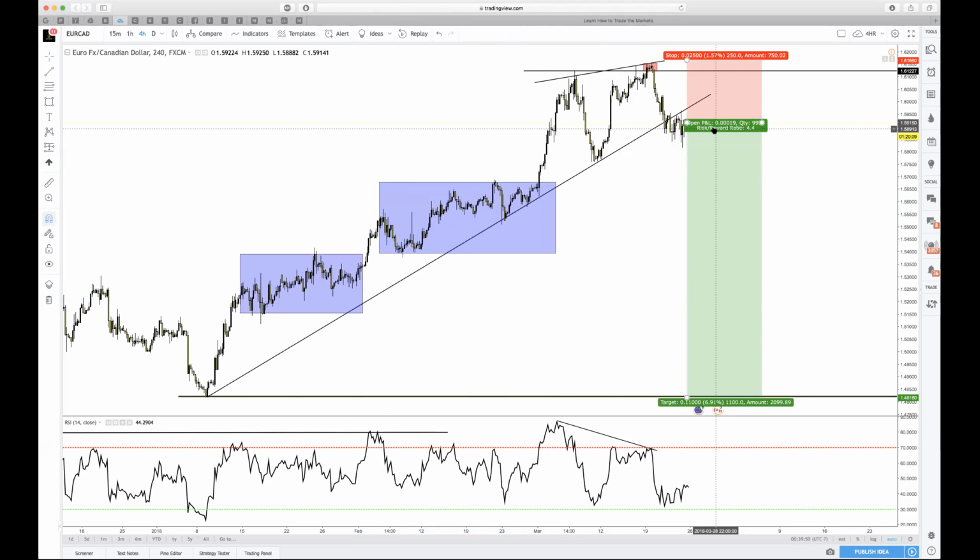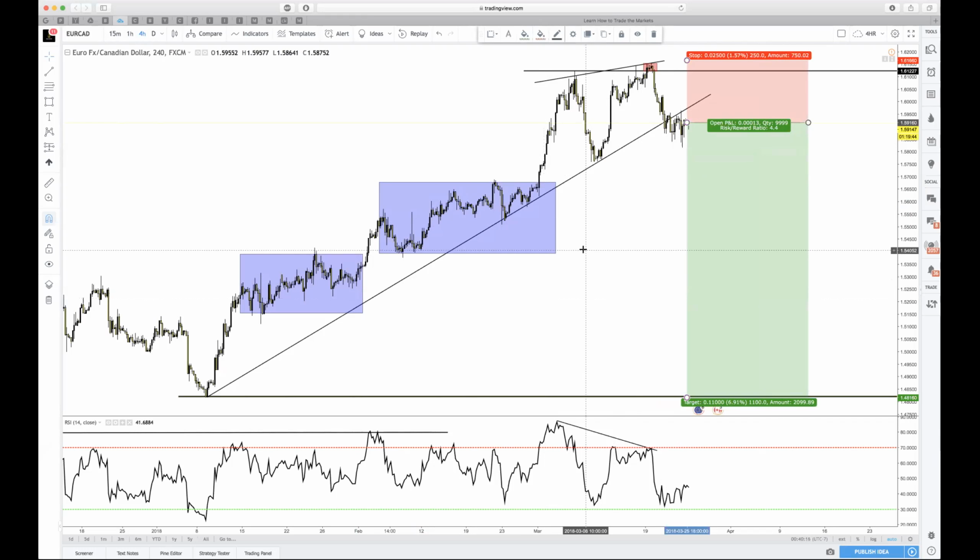Let's see. 0.01. Let's go to the math. There. 10 cents per pip times 250 pips equals $25. That's $25 right there on a $1,000 account. But if you win, it's quite a bit.